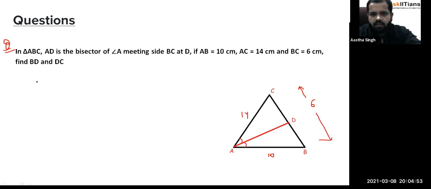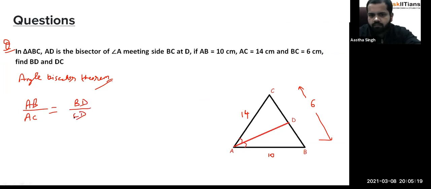By the angle bisector theorem, the side will be divided in such a ratio that AB upon AC equals BD divided by CD.